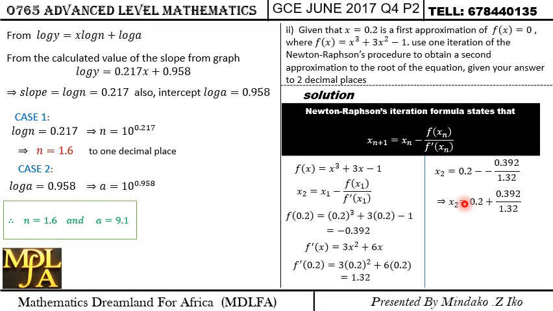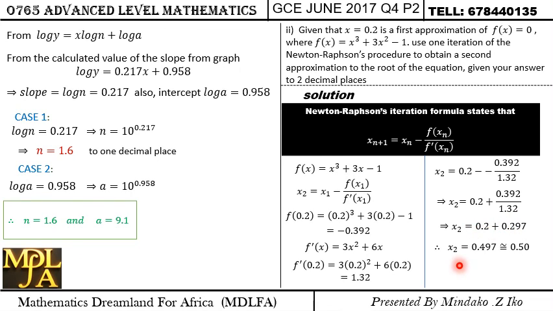So my x2 now will be, negative will give me positive, 0.2 plus 0.392 divided by 1.32. If I take 0.392 divided by 1.32, I have 0.297, and then I add it to this 0.2.